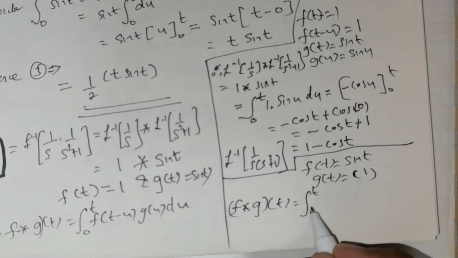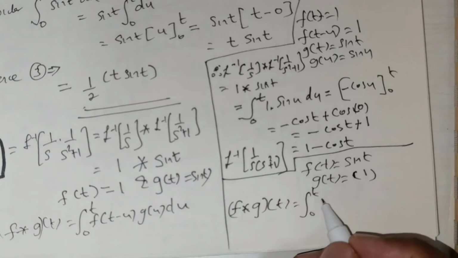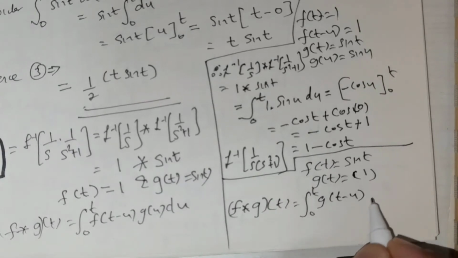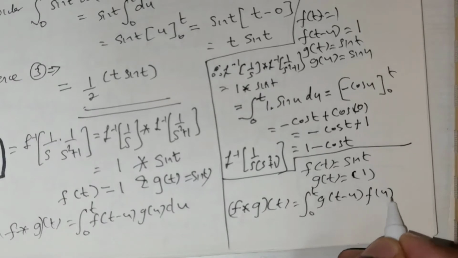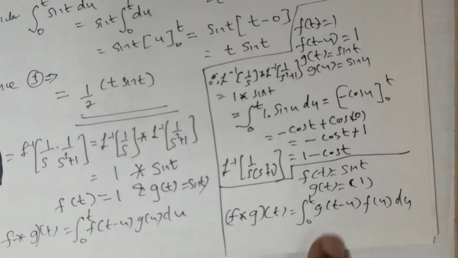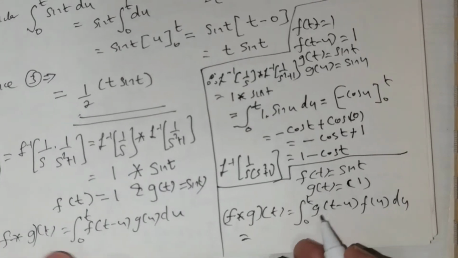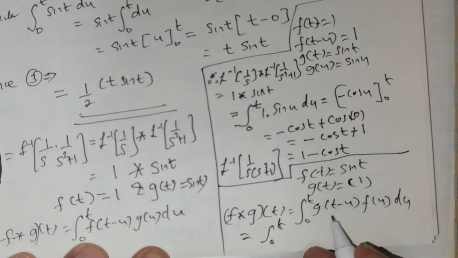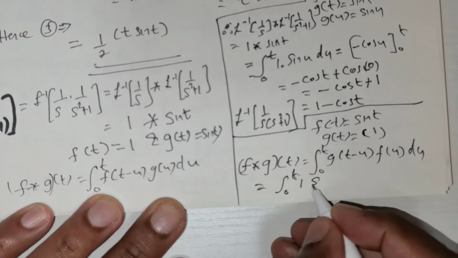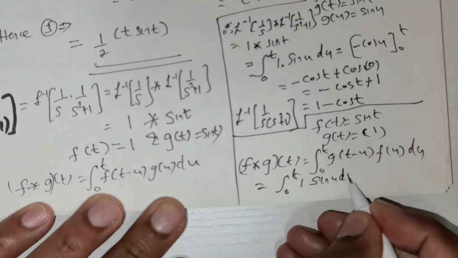It's not f of t minus u, I'm going to be using g of t minus u with f of u times du. So this is what I'm going to be using. So from here, if I were to apply g of t minus u, g of t minus u is 1, and f of u is going to be sine u du.